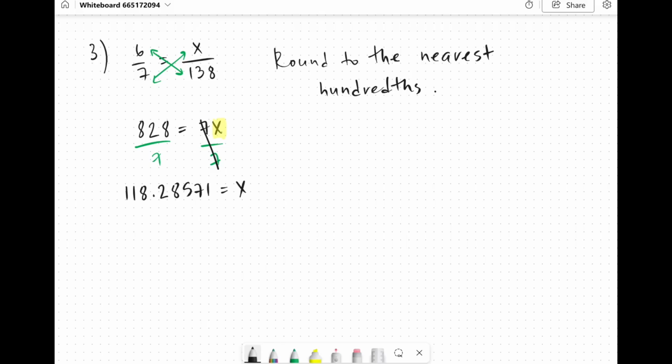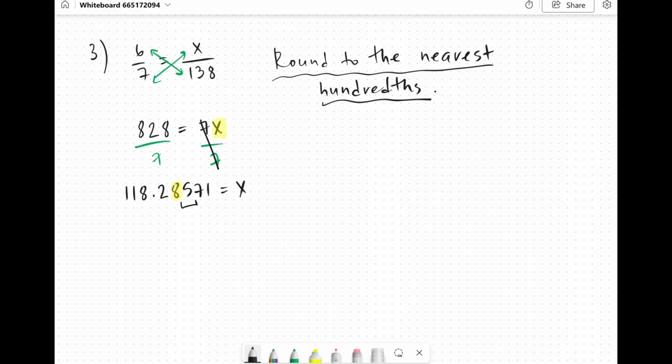Now, the question did ask us to round to the nearest hundredths. Your hundredths place is this 8 right here. That is the second digit after the decimal point. To round to the nearest hundredths, you're working with the 8. But what happens with that 8 is determined by the following digit. In our case, it's 5. 8 can stay as 8, and that happens if in place of the 5, you would have a number that is 4, 3, 2, 1, or 0.